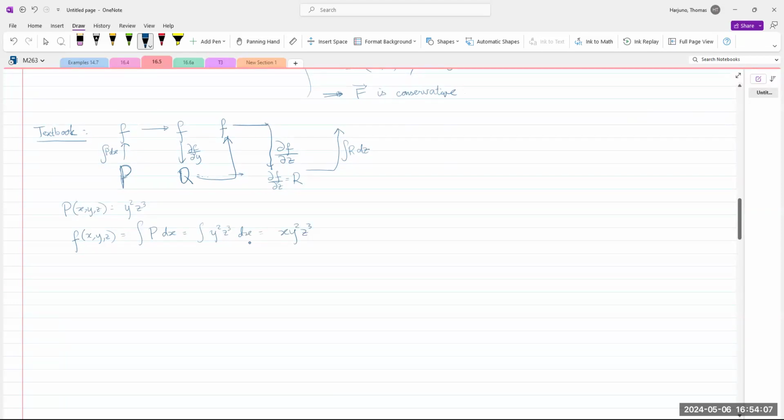Right? Now, the thing is, because we integrate with respect to x only, the integral may give us a function that is not dependent on x, including a constant. Because if we take the derivative of this with respect to x, we will get p.